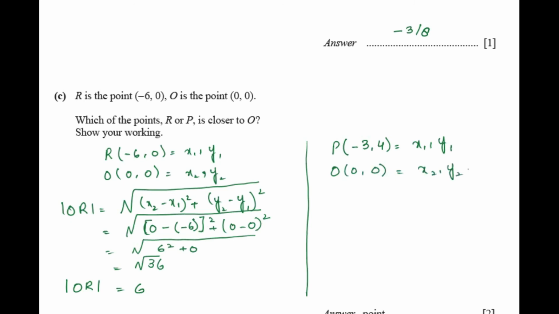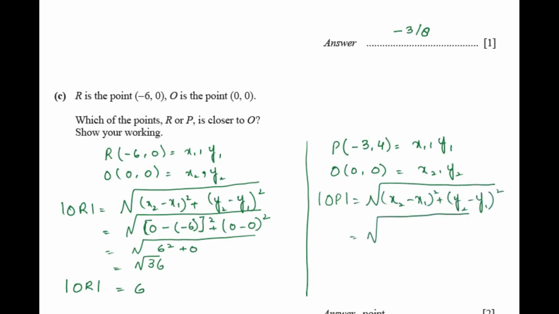In the formula, OP is equal to the square root of x2 minus x1 whole square plus y2 minus y1 whole square.